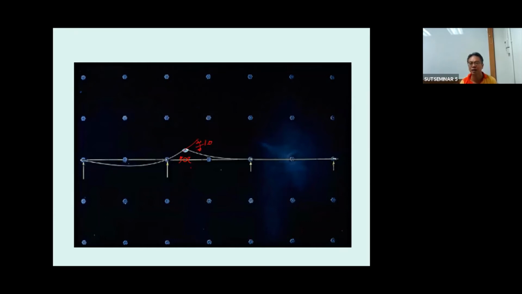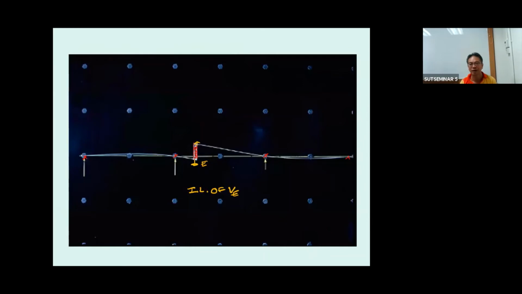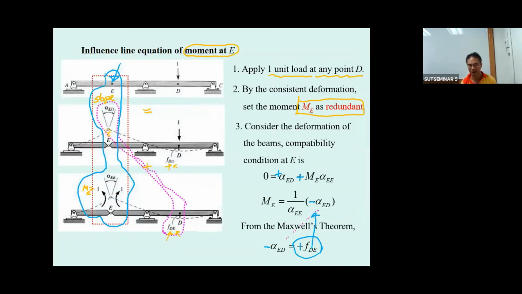This is going to be the shape of the influence line of M sub E. But from this one, don't forget also this relative one is going to be 1.0. And then if you draw the tangent lines here, the requirement is that they be parallel. This is important. And then it follows the Müller-Breslau principle, even though the beam is statically determinate.